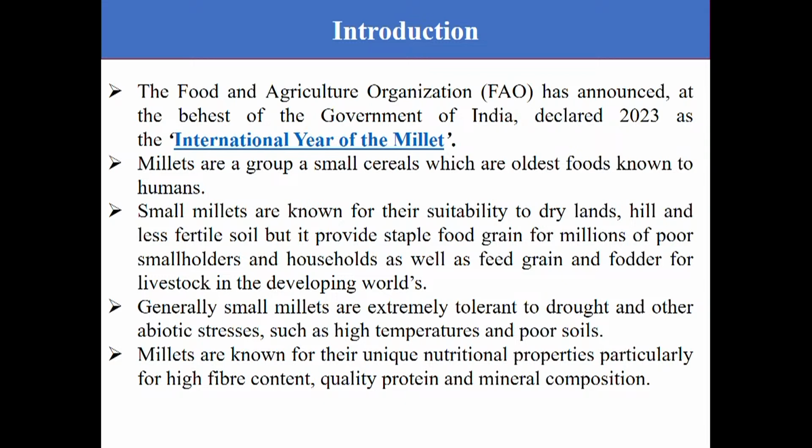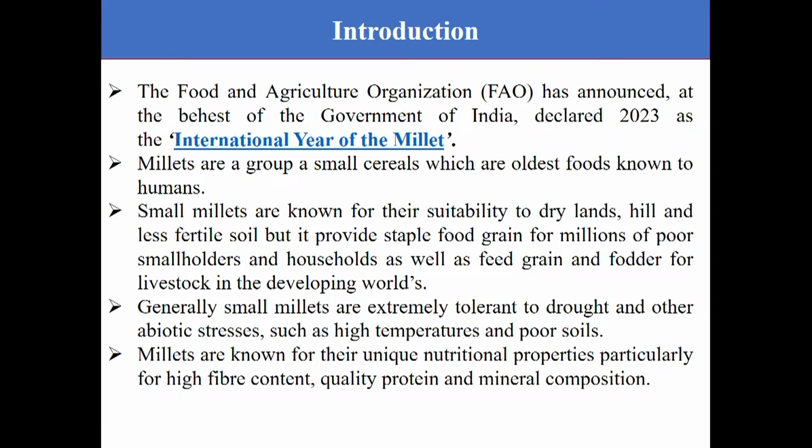Small millets are known for their suitability to dry lands, hill areas, and less fertile soil. They provide staple food and grains for millions of poor people, as well as feed grains and fodder for livestock and birds.